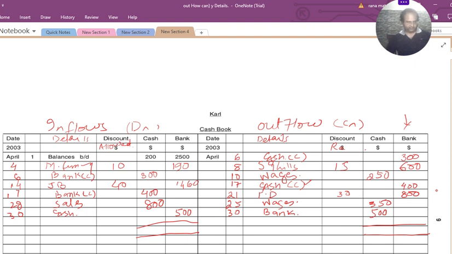And on the bank side the calculated amount is 4650. Write the same on the credit side, because the credit side is smaller. And now write down here balance carried down.